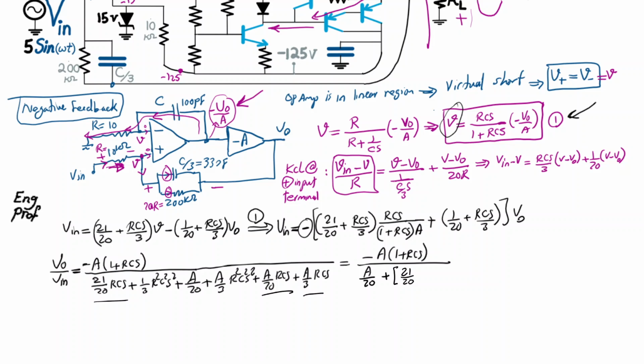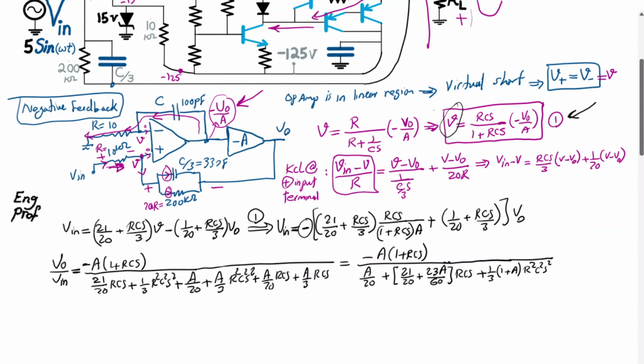So what I can say is it is effectively 21 over 20 plus 23A divided by 60 RCS, and finally we have, dealing with these guys, just 1 over 3 1 plus A times R squared C squared S squared, a second order denominator and a first order numerator.